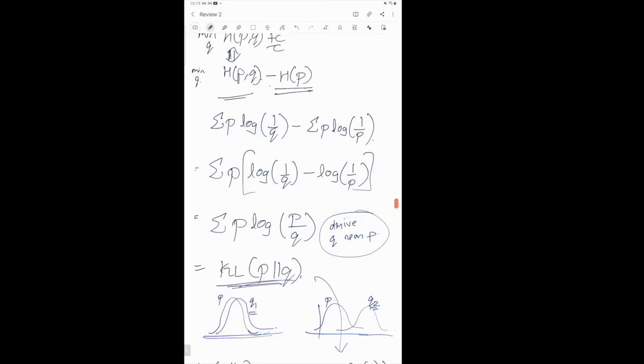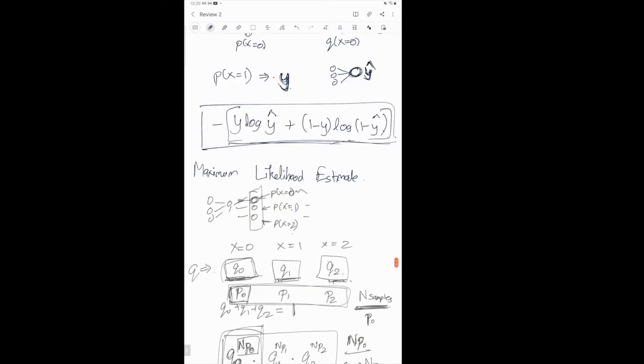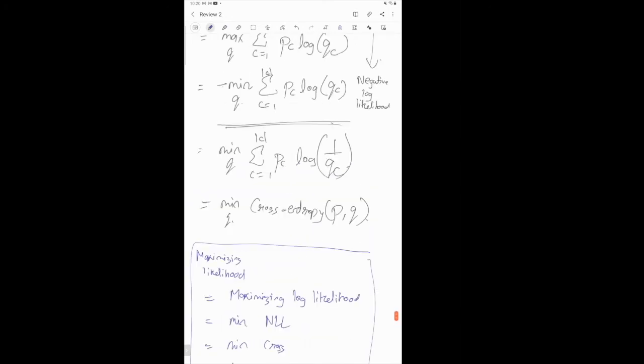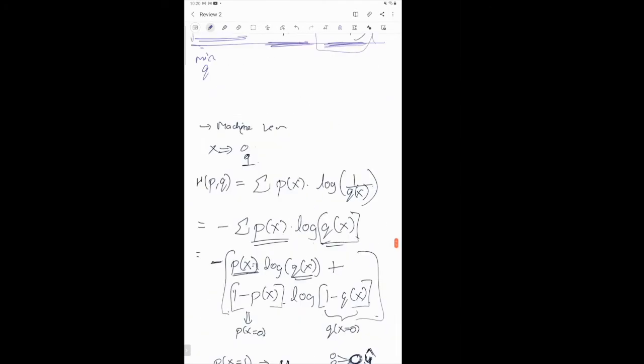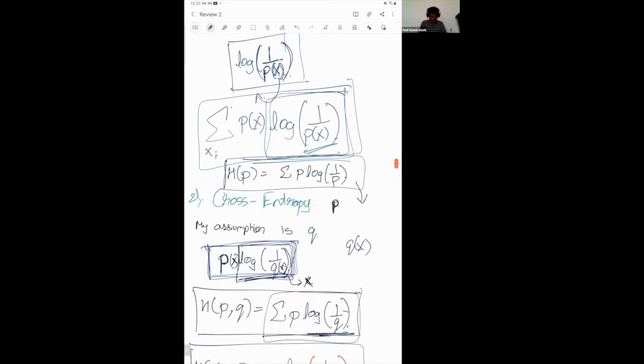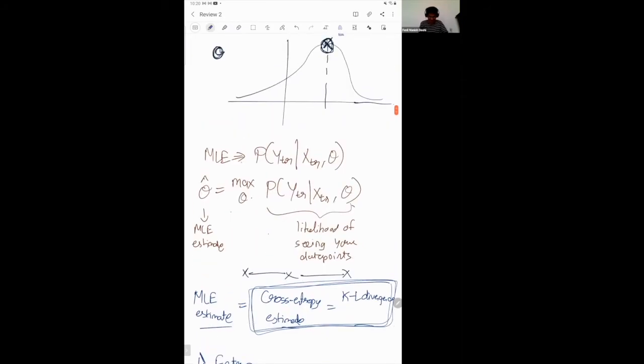When we started off, we started with the likelihood as probability of y train given x train comma theta. That was our likelihood, right? Yeah, that's a good question.